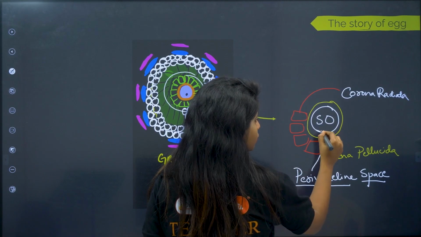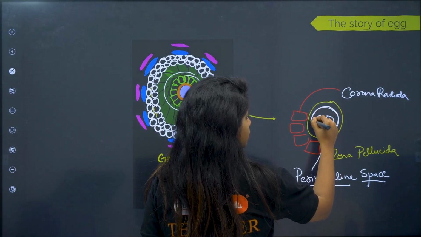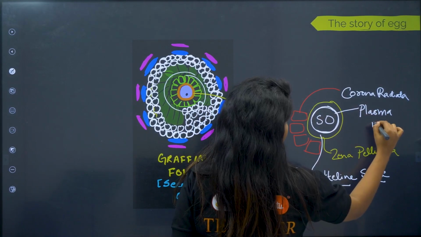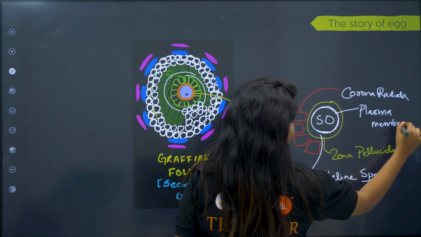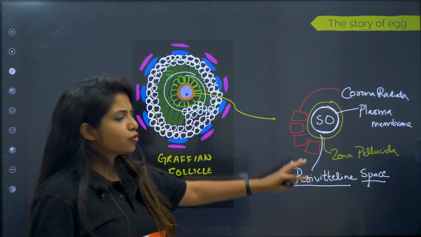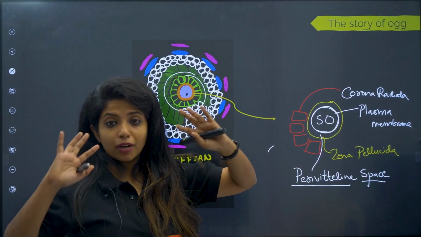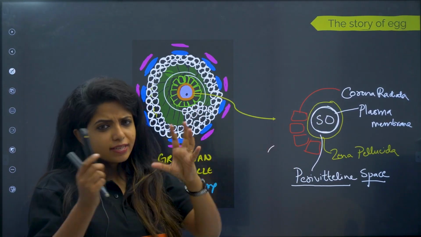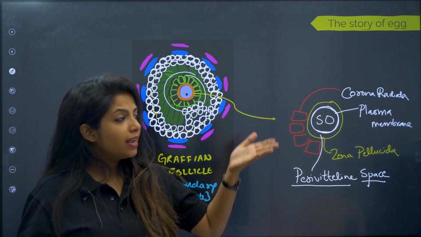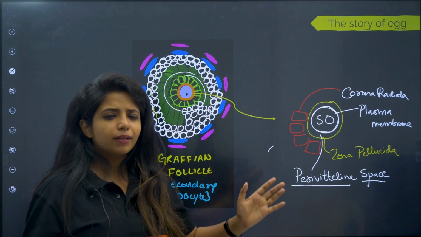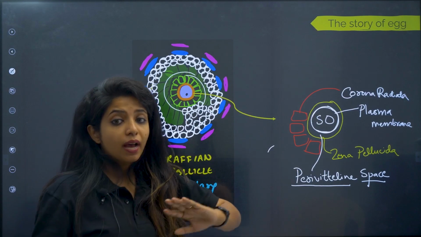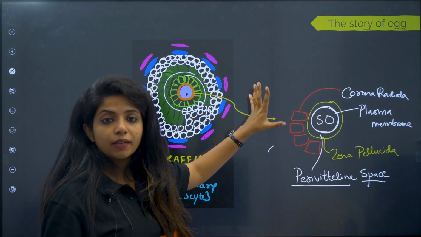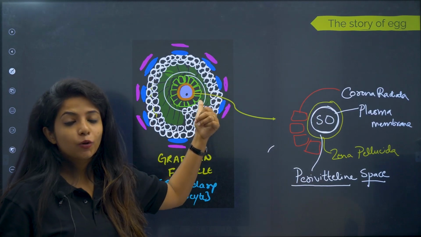So this particular layer that you see over here will be known as the plasma membrane. I am not telling you to remember a lot of things, but at least this much you can remember. So the secondary oocyte is there, obviously it's a cell, it will have its own plasma membrane, and outer to that you will have the perivitelline space, the space in between them, and then the zona pellucida, and then the corona radiata.